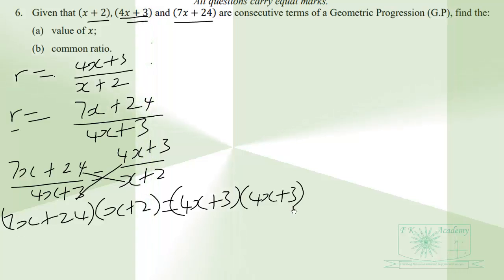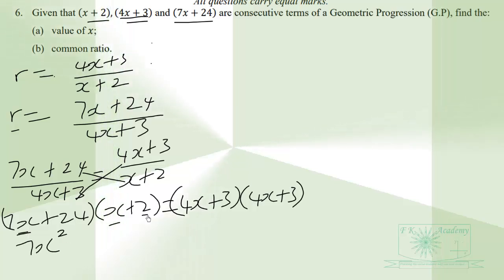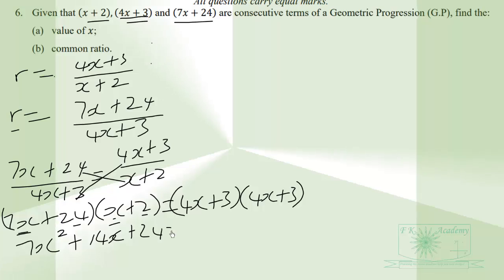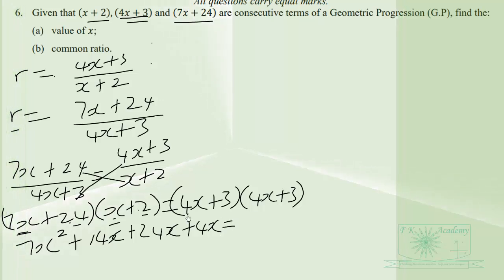So let's expand this, and this will give us 7x squared. This and this will give us 14x. This will give us plus 24x. Then this will give us plus 48. So we applied a perfect square expansion here. This will give us 4x squared, which is 16x squared.